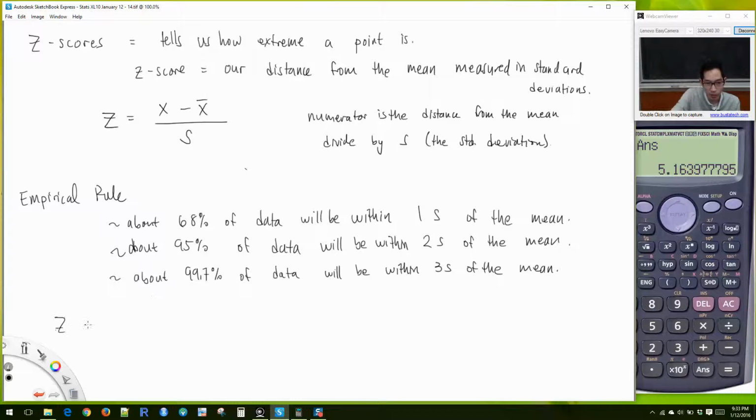So z-scores over 2 or less than -2 are unusual. And then z-scores over 3 or less than -3 are very unusual.